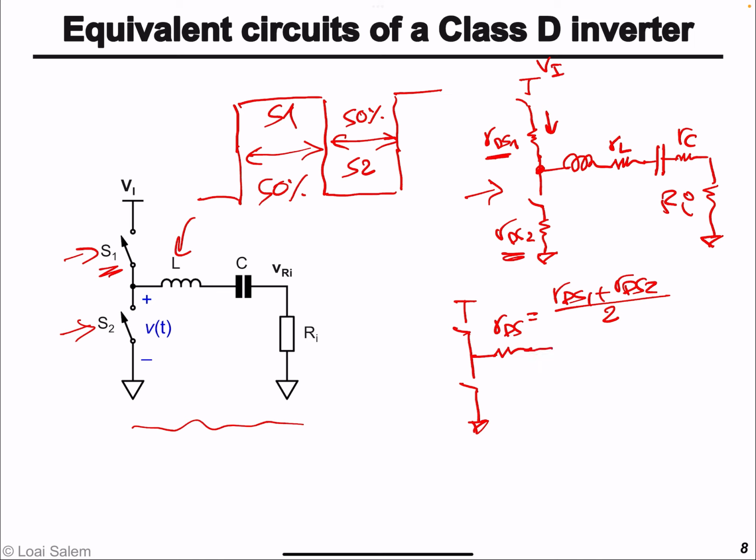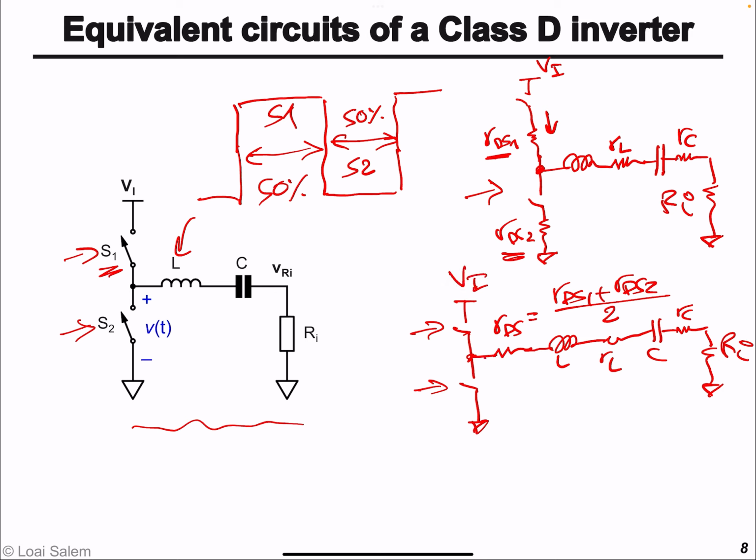Then we have the inductor L and its equivalent series resistance RL, the capacitor and its equivalent series resistor RC, and the load resistor Ri, the AC load. Now, these are ideal switches that are turned on 50% of the time in a complementary fashion.